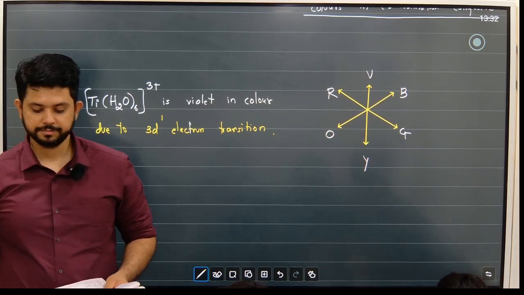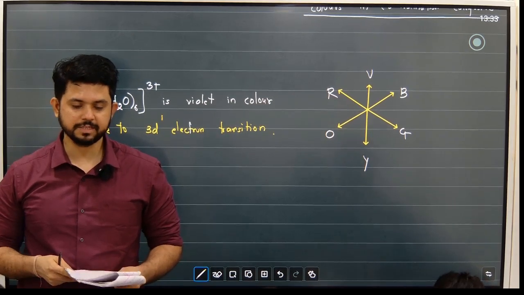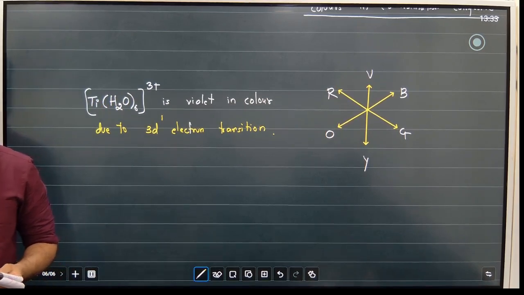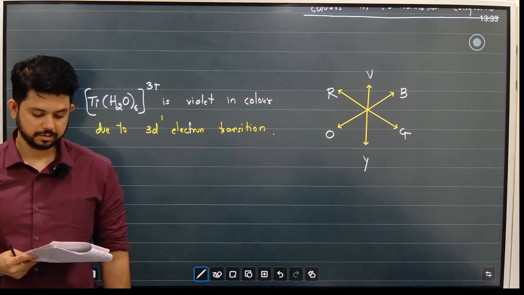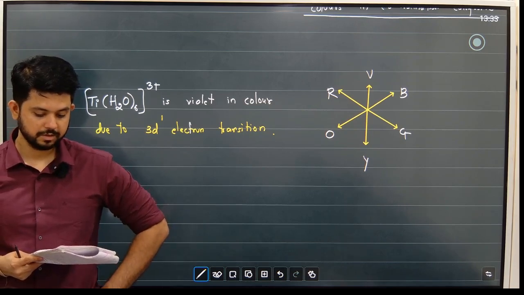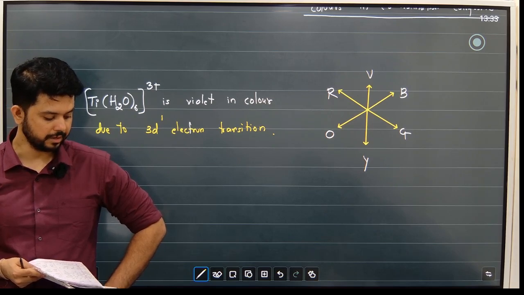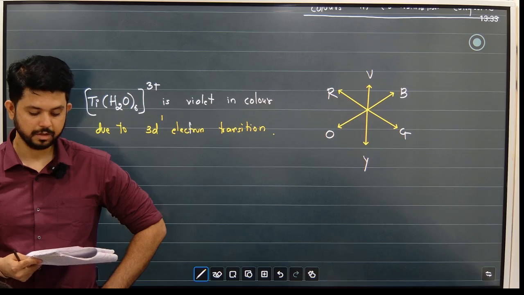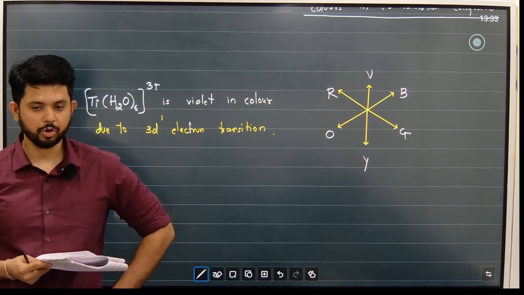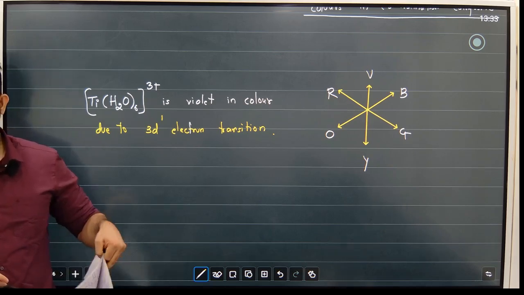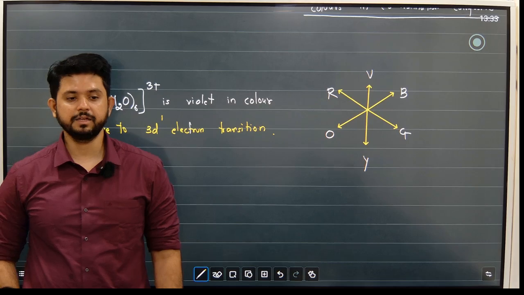And the last point, in complexes where the central atom contains a filled d orbital or empty d orbital, the color is due to what was the second reason, people?